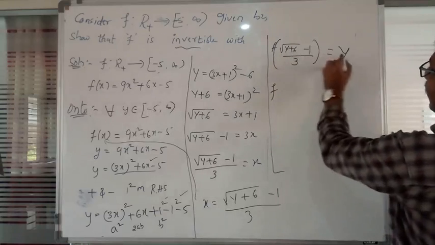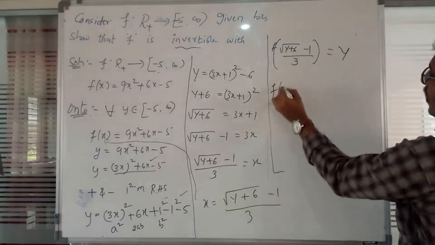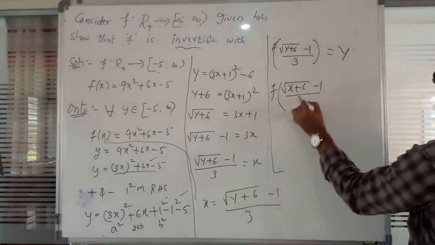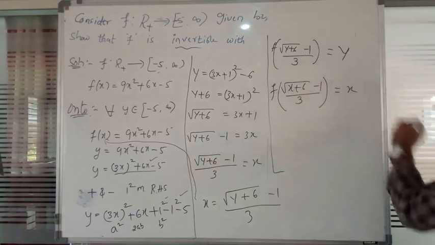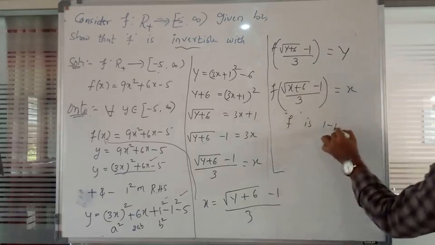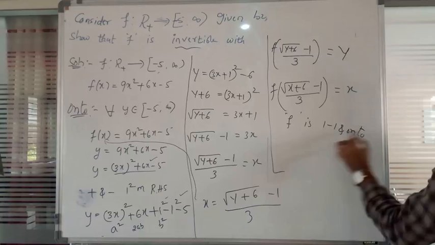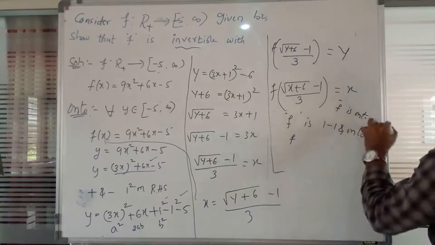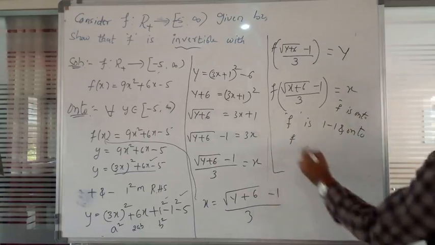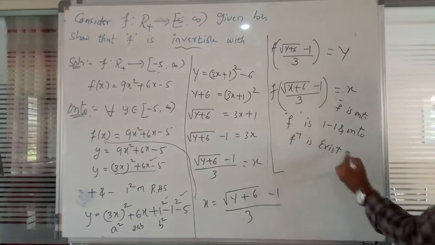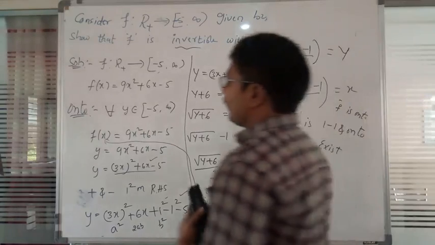So here there is a y, that's why it gives y. If I keep x, x plus 6 minus 1 divided by 3 is equal to x, it again gives x. So f is 1-1 and onto, so definitely f is onto. Afterwards, f is 1-1 and onto, so f inverse exists.